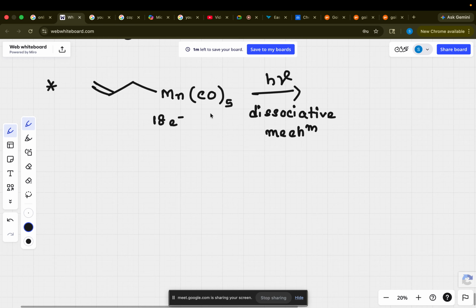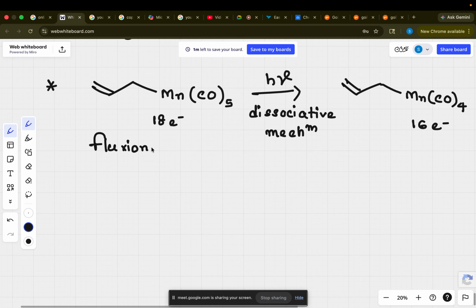That means one of the carbonyls will leave from here. So if one of the carbonyls leaves, what are you getting? MnCO whole 4, so now you are getting 16 electron. This is actually known as your fluxional ligand.